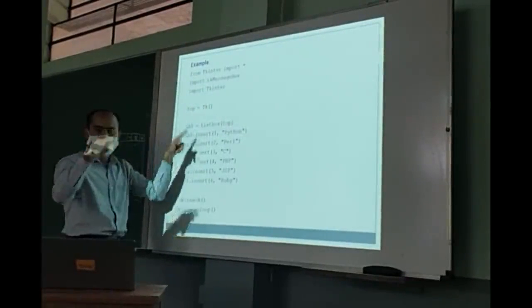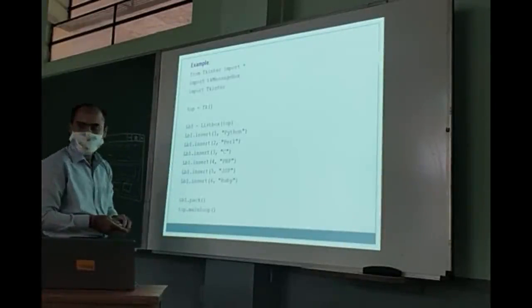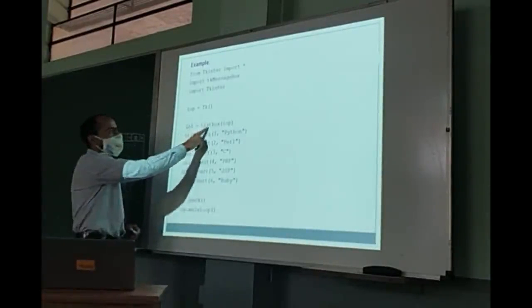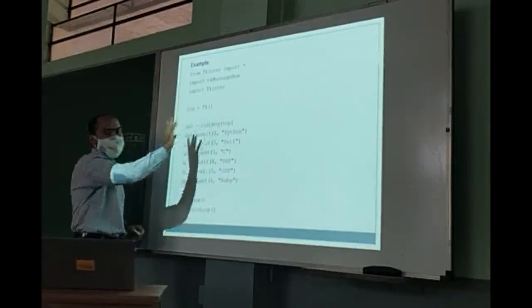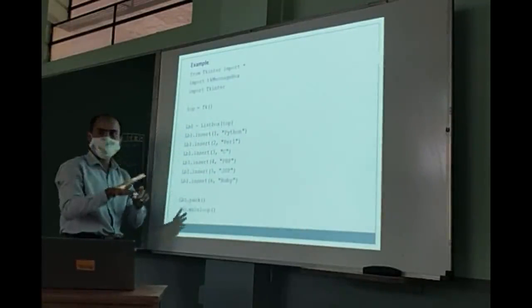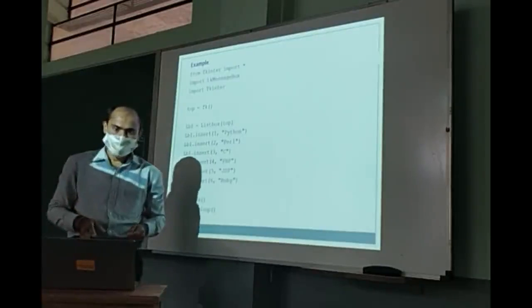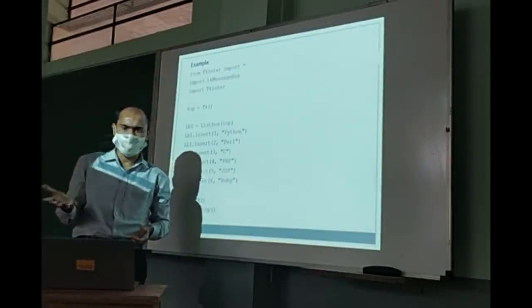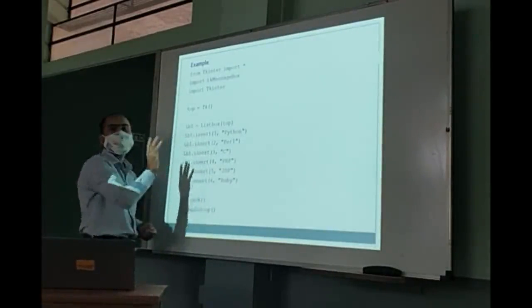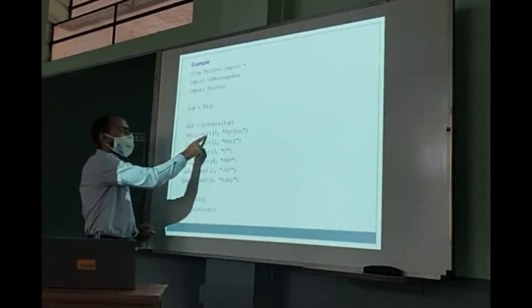Again, create a top level window. Once the top level window is created, we are creating a list box, passing the top level window as the parent. When the list box is created, we can add items in it, because a list box contains multiple items. How can those items be added? By using the insert method on the list box.